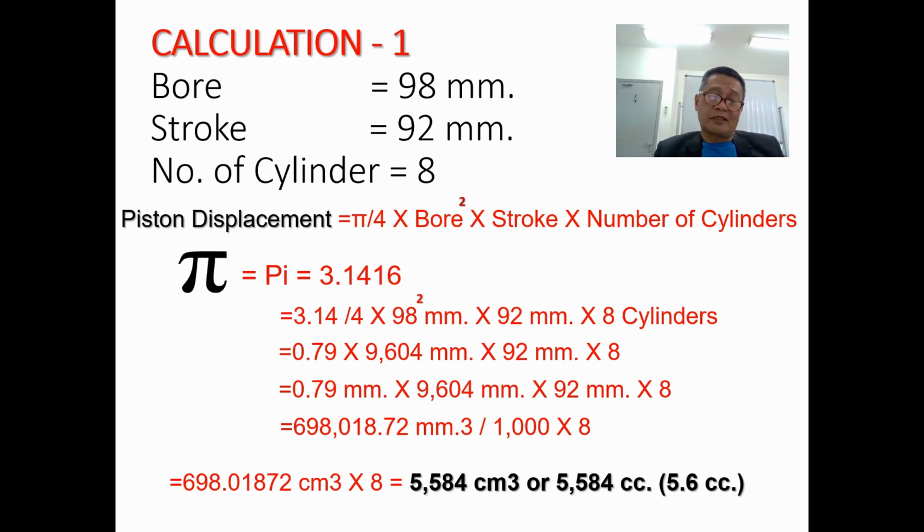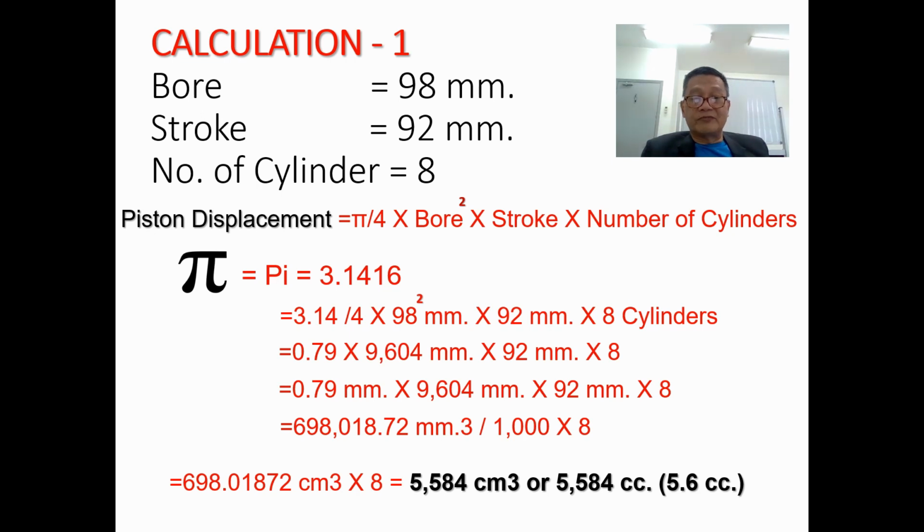So the formula is pi divided by 4 times bore squared times stroke times the number of cylinders. For pi, basically, if you take the ratio of the circumference and the diameter, you will get pi, which is 3.1416. Going back now to the calculation.